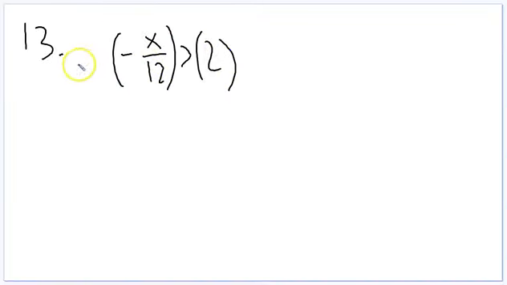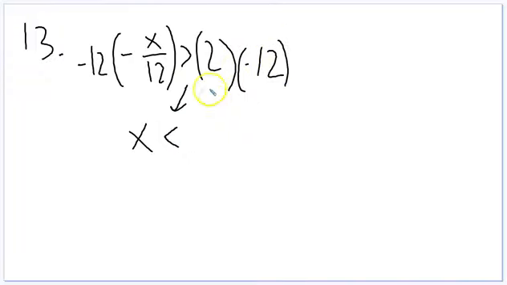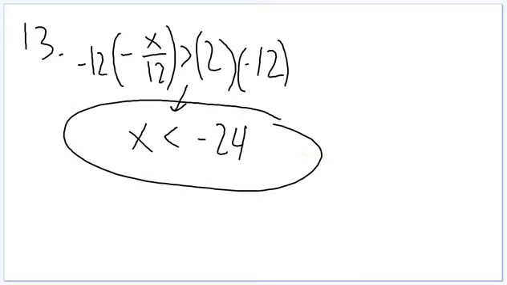We're going to multiply both sides by negative 12. That's going to give me x. This is going to flip. 2 times negative 12 is negative 24. That is your answer. Bada bing, bada boom, moving on.